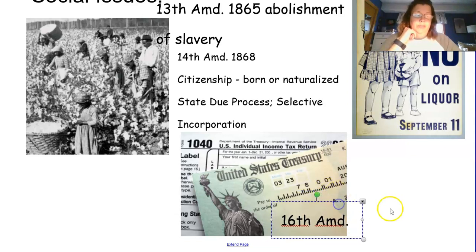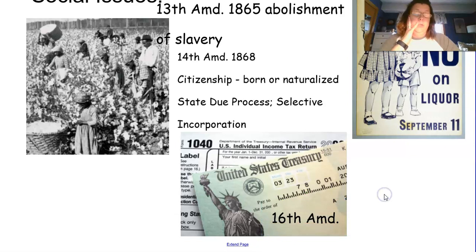This is more specifically saying that not only can the federal government tax, but they can specifically tax one's income. So an easy way to remember it: at 16, that's when you generally start getting a job or driving, and so the issue of income tax comes into play as well.